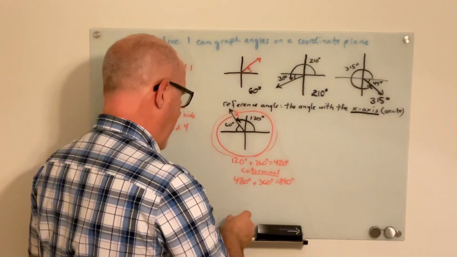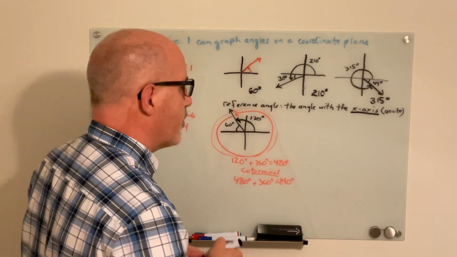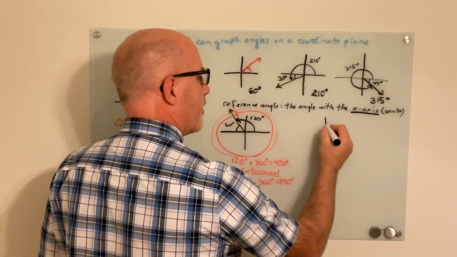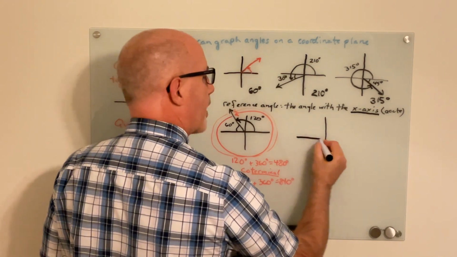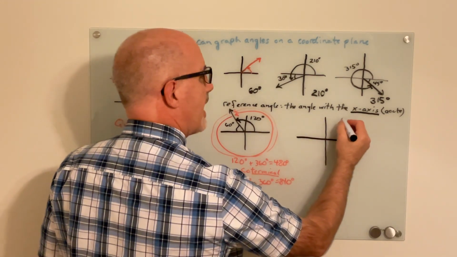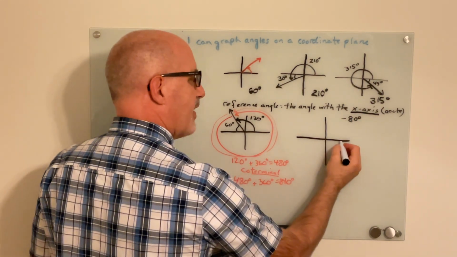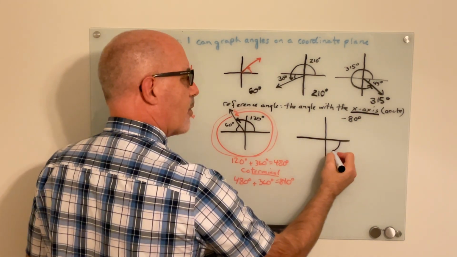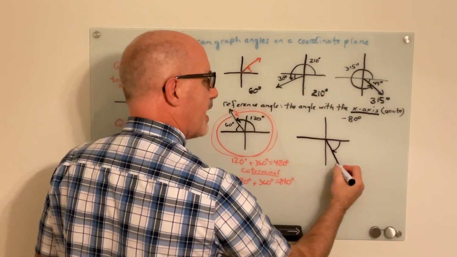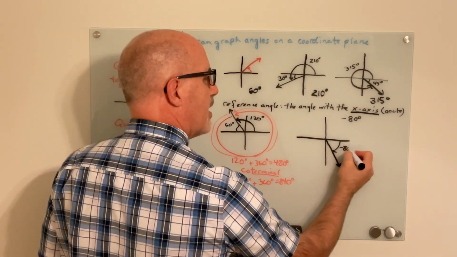All right, so let's do a couple of these things. Now I'm going to introduce a new idea. What if I want to go in the negative direction? What if I want to do a negative 80 degrees? Negative 80 degrees means you're going to go clockwise with it. And so this would be our negative 80 degree angle.